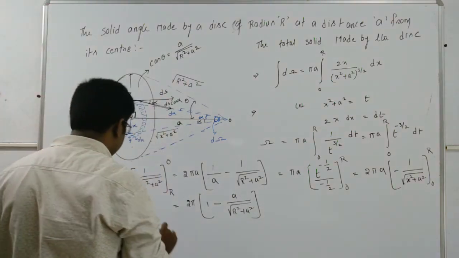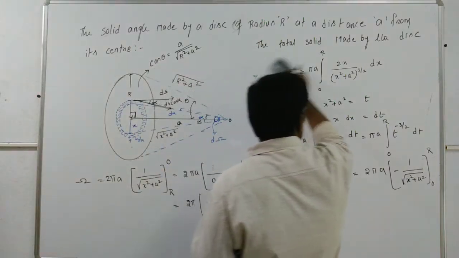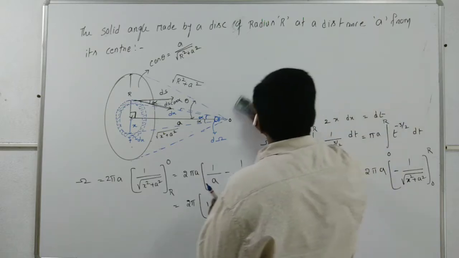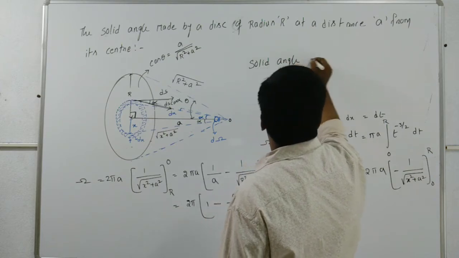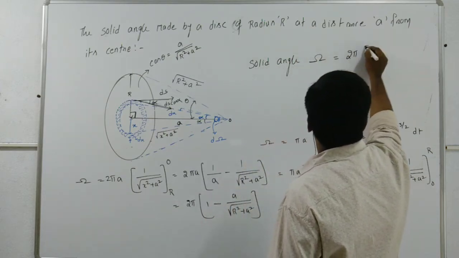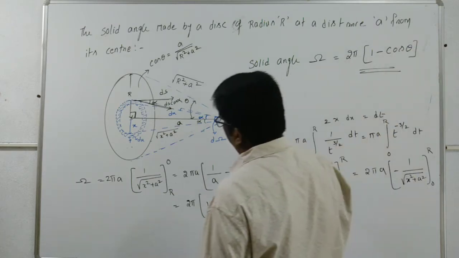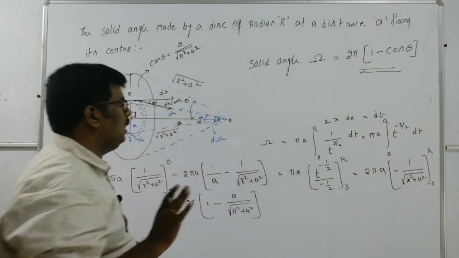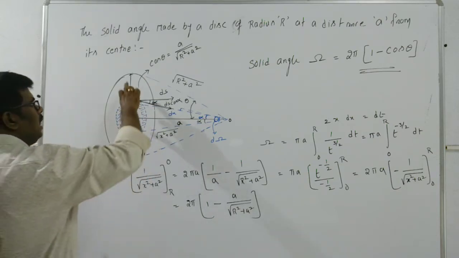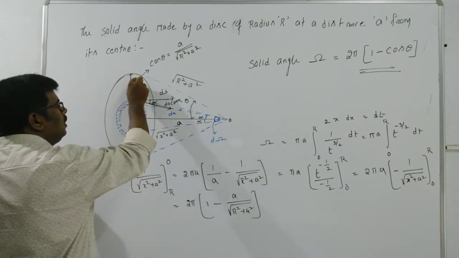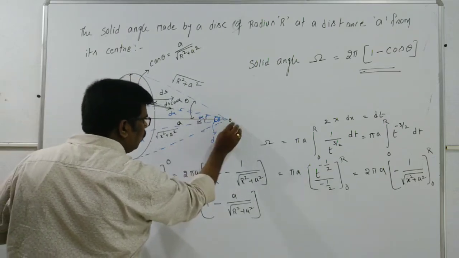Therefore you will get the result: solid angle equals 2 pi into 1 minus cos theta. This formula is very important. Let us see what theta means, you have to understand: theta is the angle made by the disc edge at O.